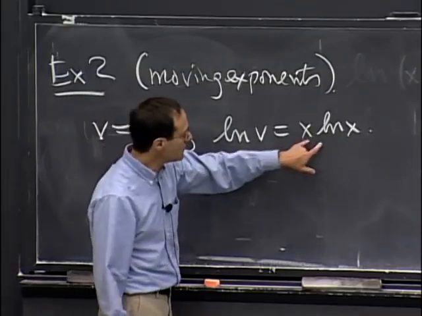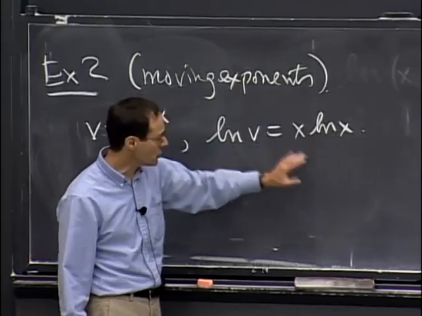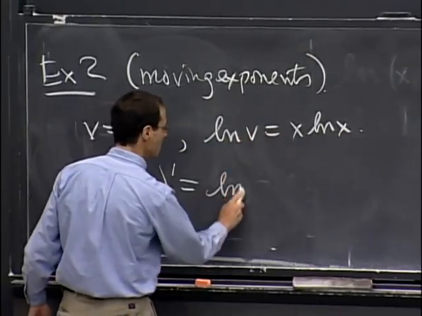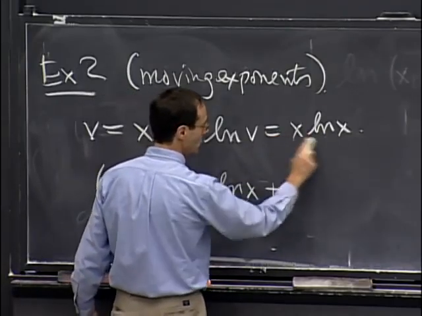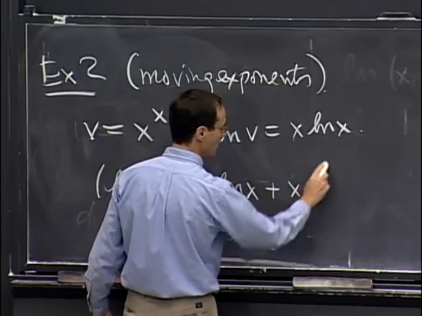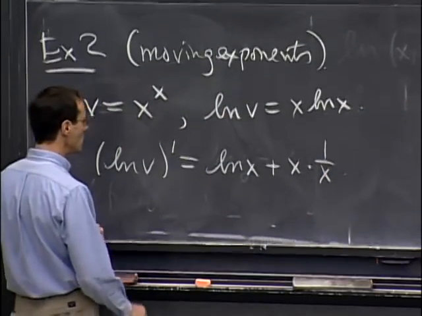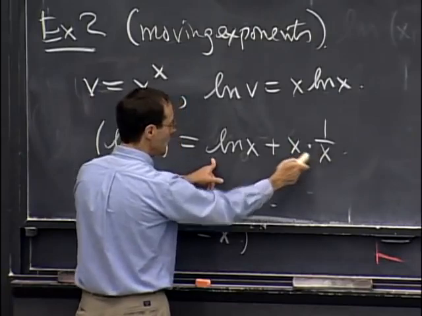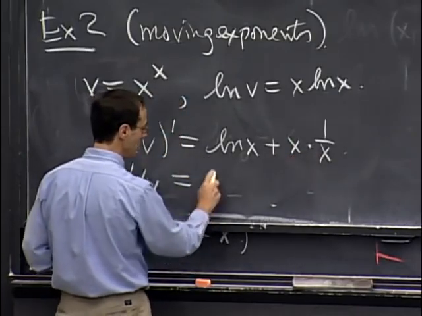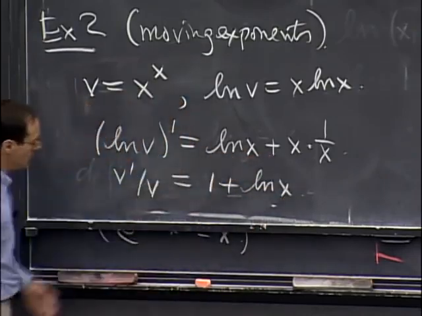And now when I differentiate this, here I have to use the product rule. This time, instead of having log a constant, I have a variable here. So I have two factors. I have log x when I differentiate with respect to x. When I differentiate with respect to this factor here, I get x times the derivative of that, which is 1 over x. Okay? So here's my formula, almost finished. So I have here v prime over v is equal to, now I'm going to multiply these two things together. I'll put it on the other side because I don't want to get it mixed up with log x plus 1, the quantity.